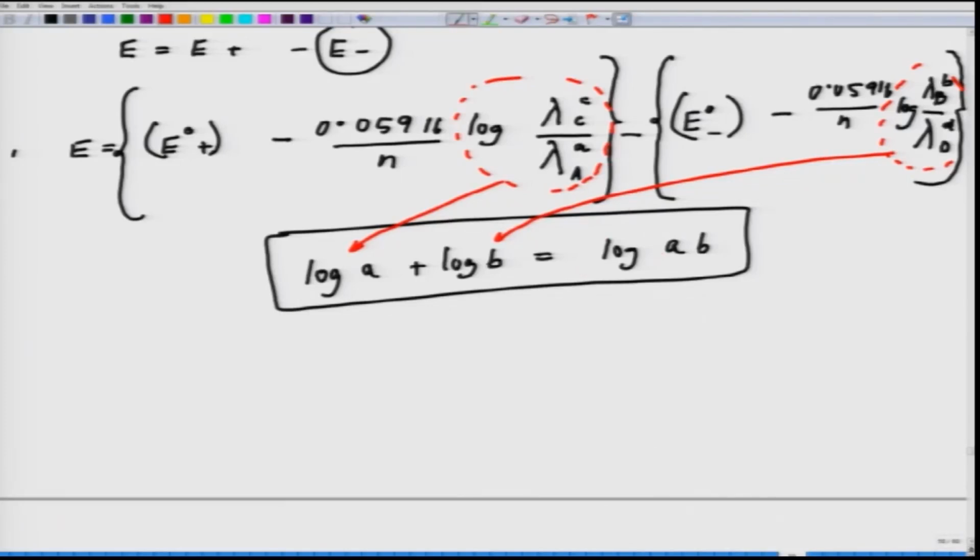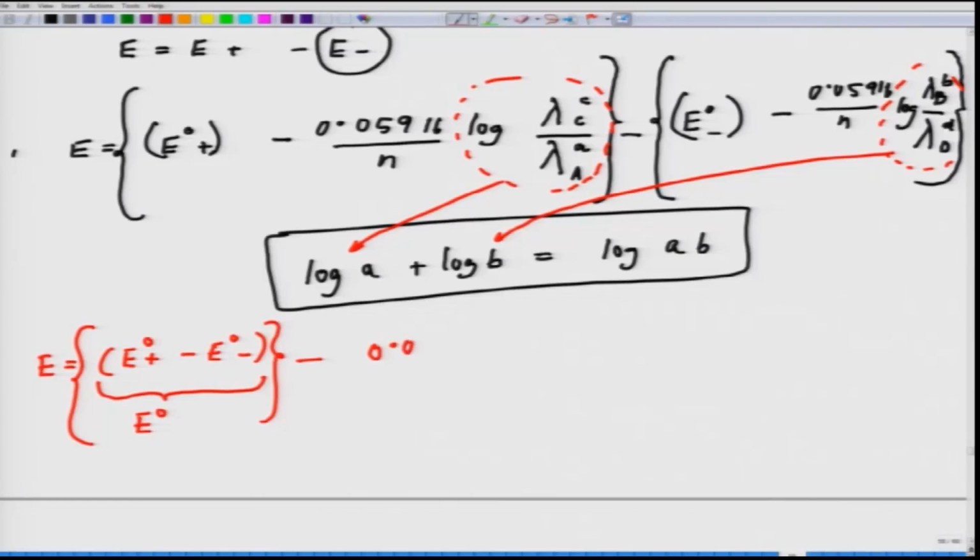So, if you rearrange this whole thing, then the equation becomes E is equal to E0 plus minus E0 minus, which whole term is essentially your E0 minus. I am putting additional brackets so that you do not get confused.